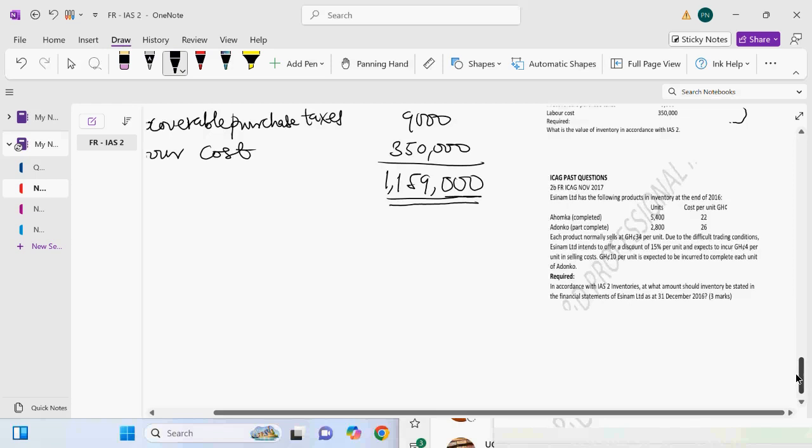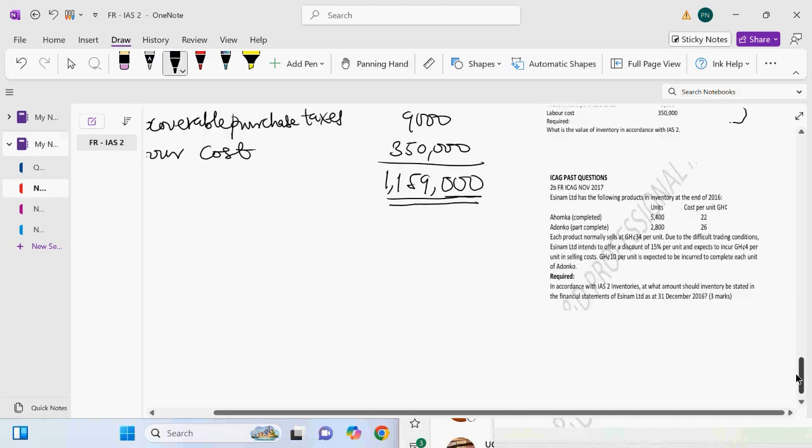So please read this for us quickly. I have a question. What if there was an item like cost of delivery from suppliers? What do you think will be the answer?